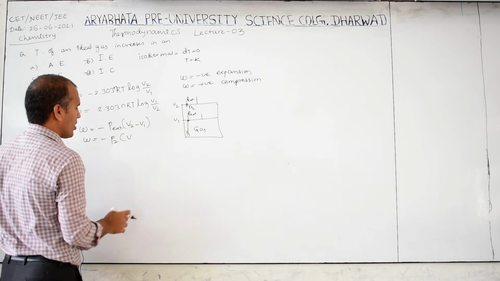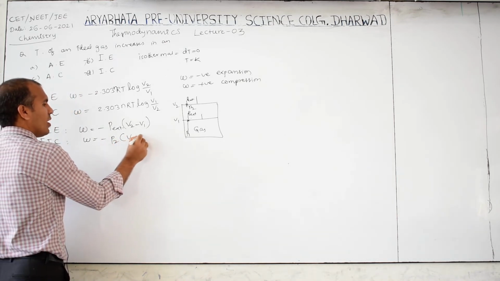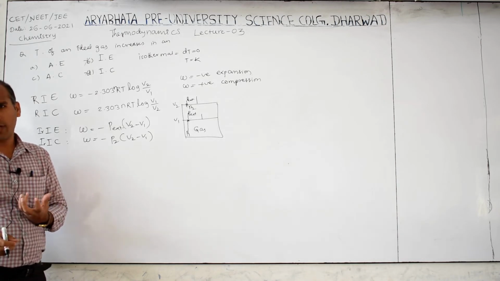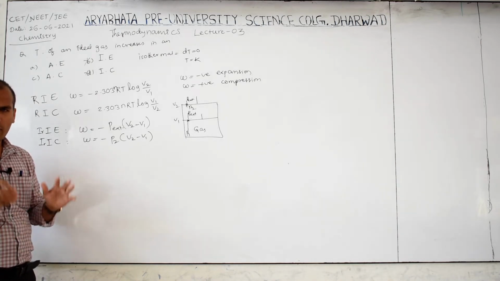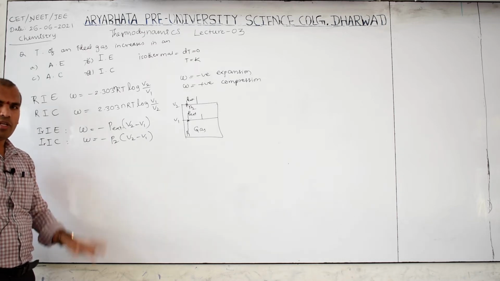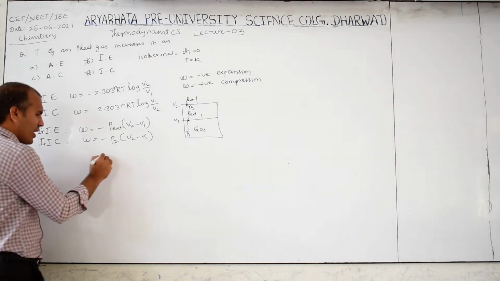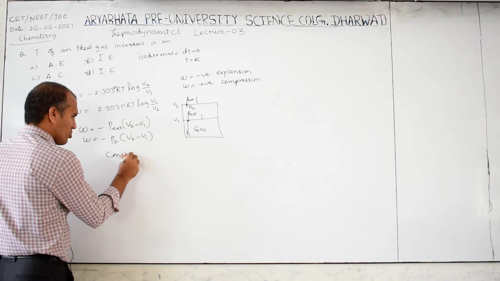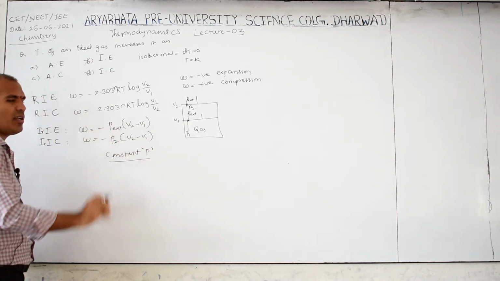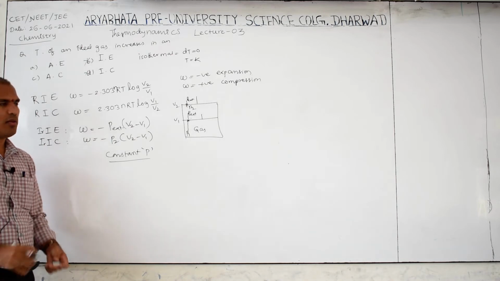Whatever the work done is, it is minus P2 into V2 minus V1. Keep in mind how to identify reversible and irreversible. In the question, if they mention reversible or irreversible, good. If they do not mention it, and the words constant pressure are given in the question, constant pressure compulsorily means an irreversible process.